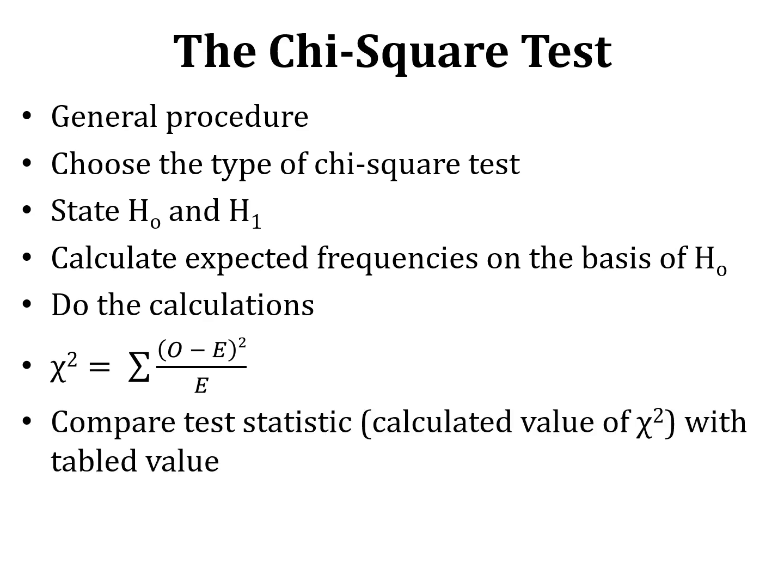So you compare the test statistic, which is the calculated value of chi-square, with the tabled value from the chi-square distribution table. After this comparison, you state your results, whether they are significant or not significant. This is the general procedure for any kind of chi-square test.